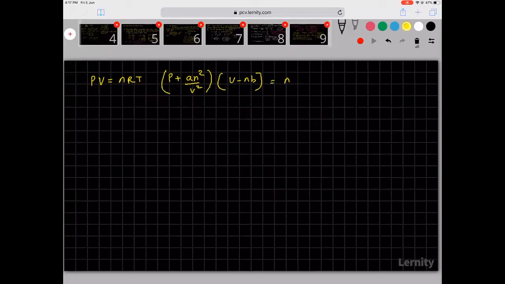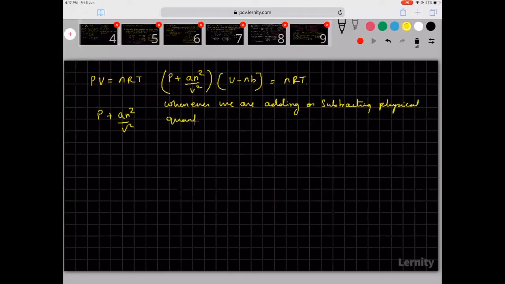First, I have explained to you already: whenever we are adding or subtracting physical quantities, their dimensions must be the same.